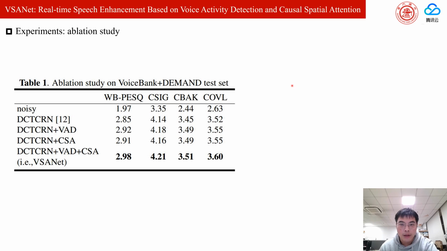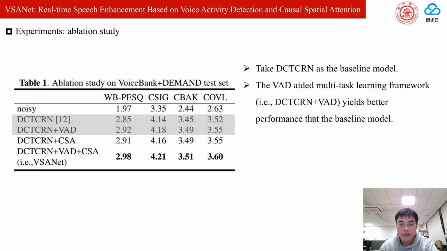To demonstrate the benefits of the VAD-aided multitask learning scheme and the CSA block to speech enhancement, we first construct a baseline model, which uses ST-DCT for time-frequency transformation and adopts the CRN structure as the network backbone, and it can be named as DCT-CRN. Based on the DCT-CRN, we respectively introduce the VAD-aided multitask learning scheme and the CSA block, so as to prove the effectiveness of the two ideas.